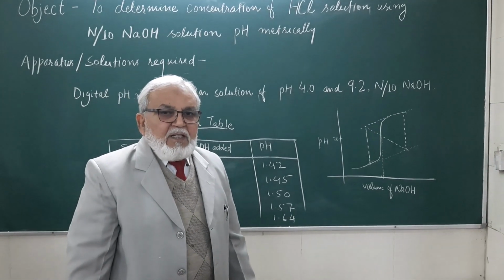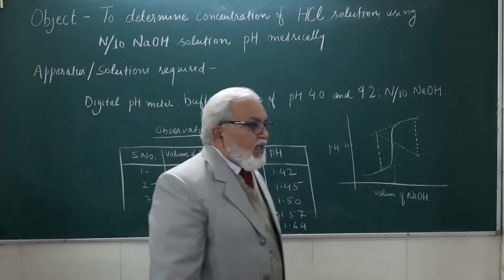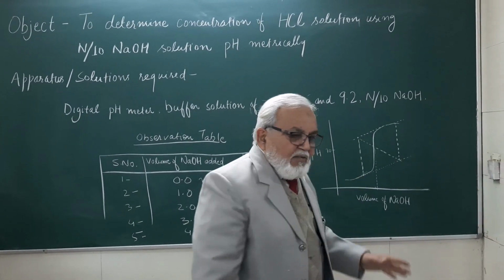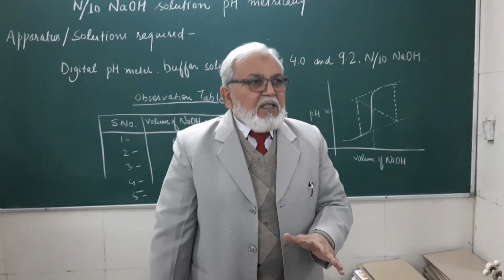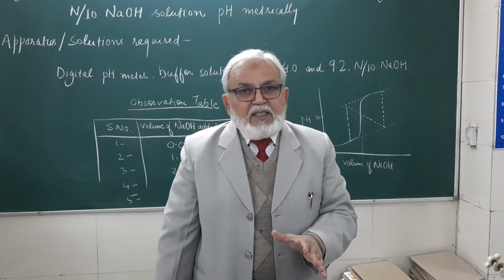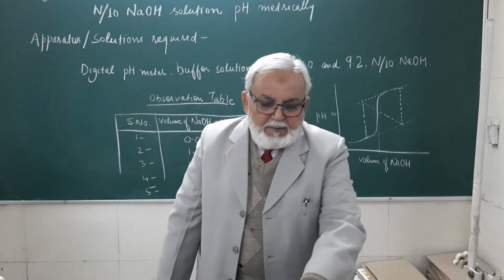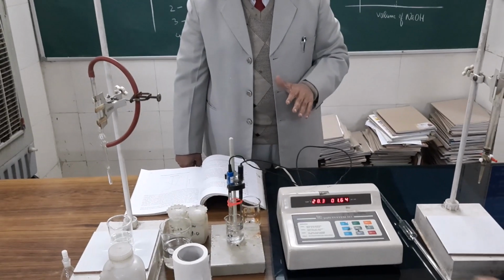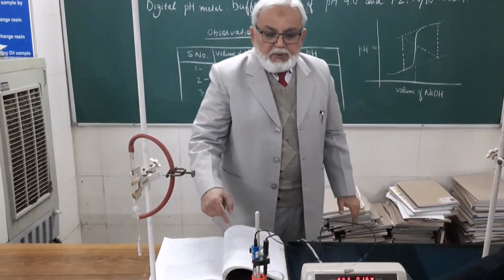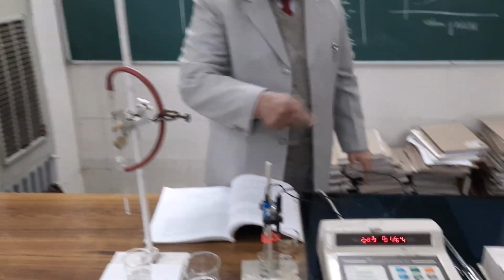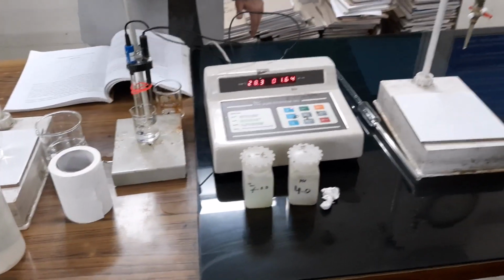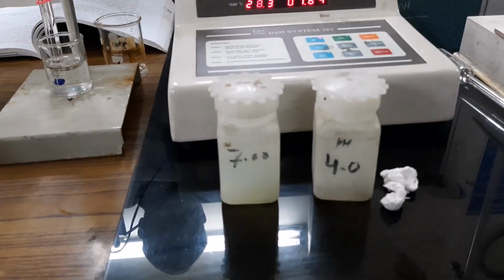One more important thing is that before using the pH meter for this titration, its standardization is carried out. For standardizing our pH meter, we use a buffer solution of pH 4, because we are determining the pH of an acid.